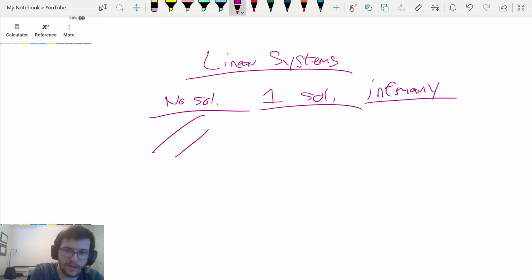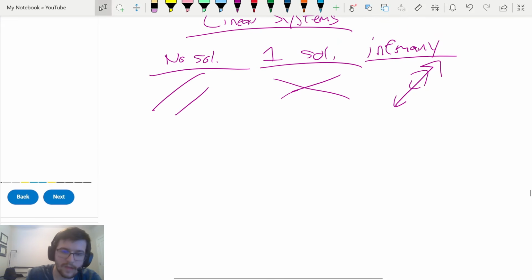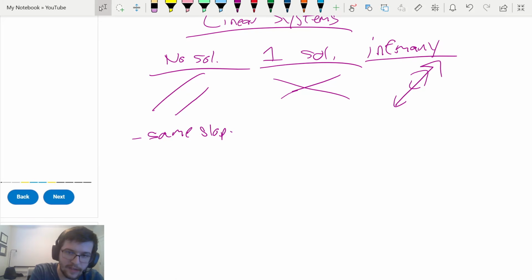So no solution, they have the same slope and different y-intercepts. One solution, they just have different slopes.